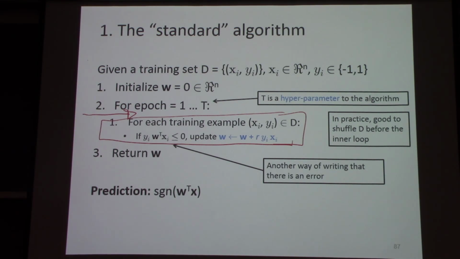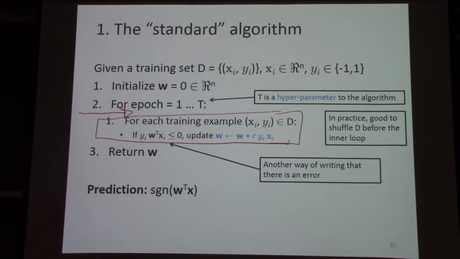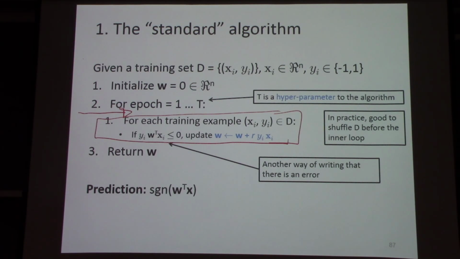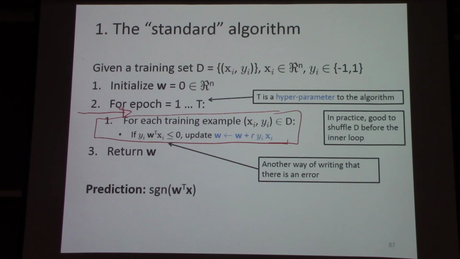You pick an example randomly, right? It turns out this is exactly stochastic gradient descent for a certain objective. We'll see that maybe in 3 weeks. So for those guarantees to kick in, you need the examples to be chosen randomly. And shuffling is just a way of mimicking randomness.